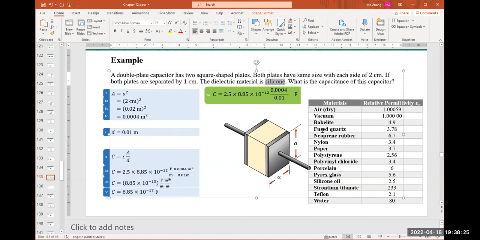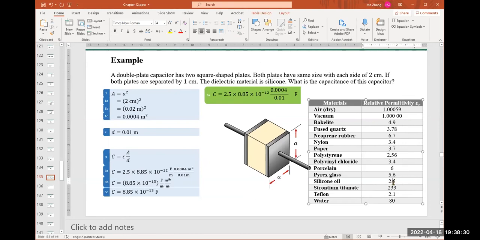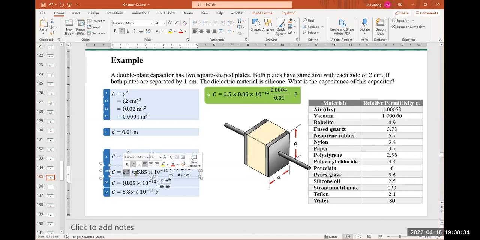Silicon oil on the table is given as 2.5, so we put 2.5 here, and multiply by the absolute permittivity for vacuum, 8.85 times 10 to the negative 12. The unit is farad per meter.